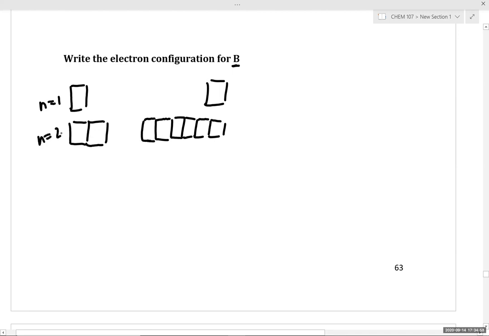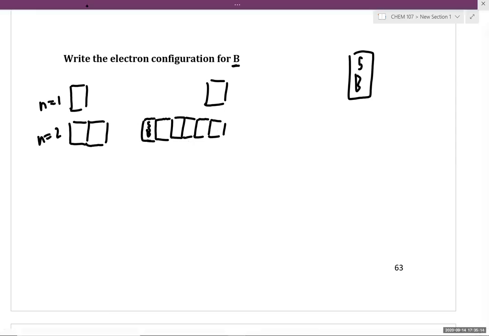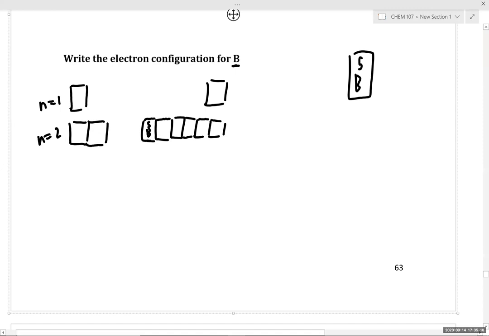If you look at the periodic table and try to find boron, boron would show up right here with an atomic number of 5. Now, based on the location of boron in the periodic table, we can use the periodic table method to write a configuration for boron.